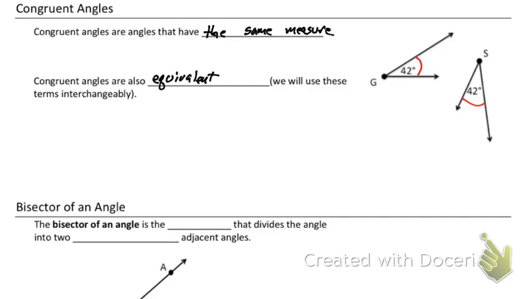And just like tick marks, if you see 2 arcs and 2 arcs, that means they're congruent as well. You're looking for the number of arcs to match them up to see which are congruent. So that is our symbol for congruent.